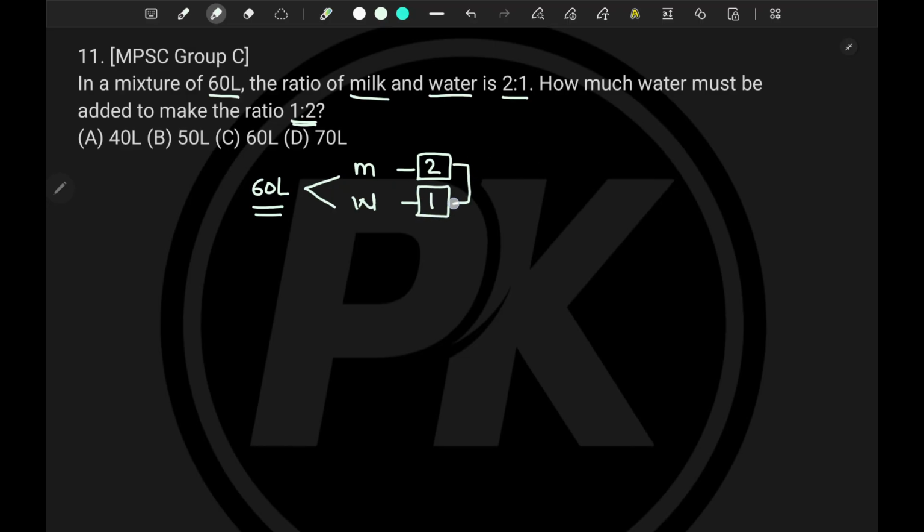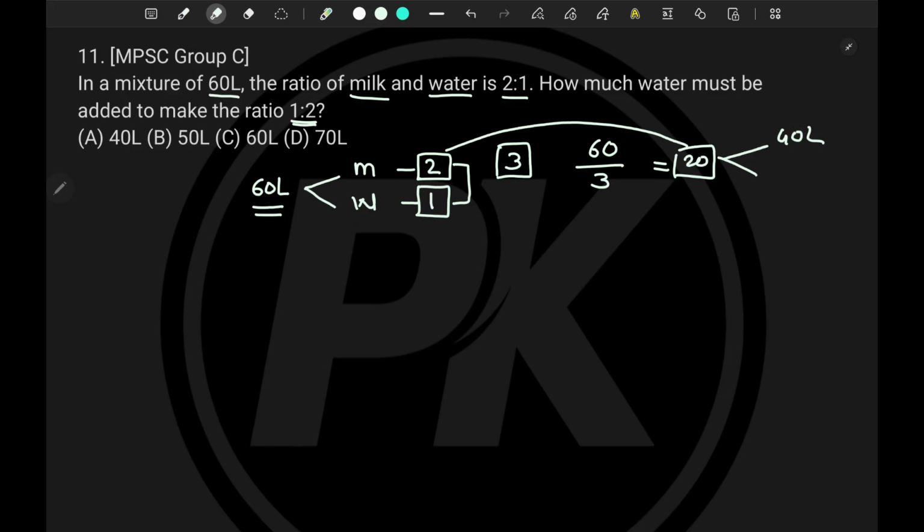So the total portions of milk and water are how much? 3, right? If I divide 60 by 3, it will be 20 per portion. That means the milk is 40 liters and water is 20 liters, and that constitutes this 60 liters.